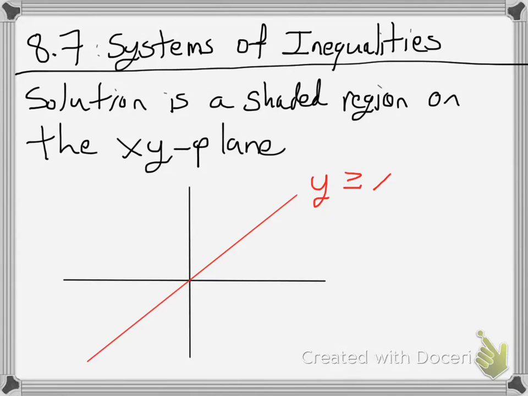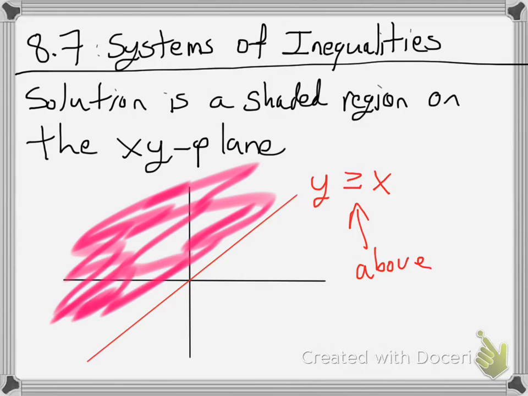Since it's a greater than or equal to, that says that we're going to have a solid line. And if you have y is greater than or equal to, that means it's going to be above. If it's less than or equal to, then it's got to be below the graph. So since this is y is greater than or equal to x, it's going to be above the graph, so we shade above.